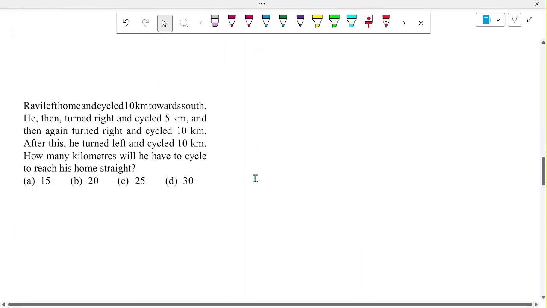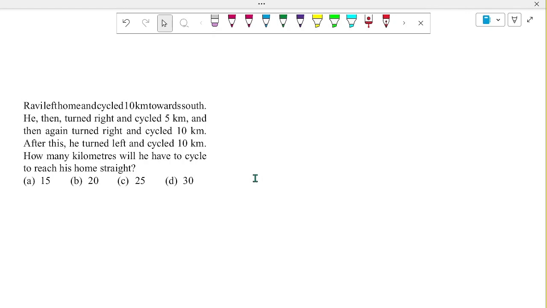Now we'll see the last question. It will be the last question of today, and try to solve this. I will just read the question once. Ravi left home and cycled 10 kilometers towards the south. He then turned right and cycled 5 kilometers, and then again turned right and cycled 10 kilometers.